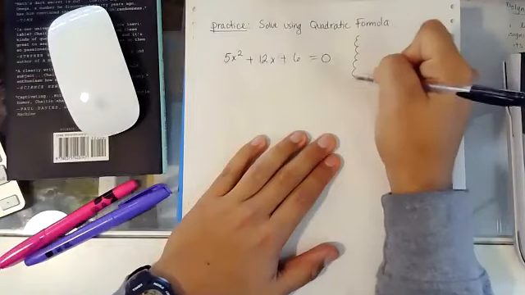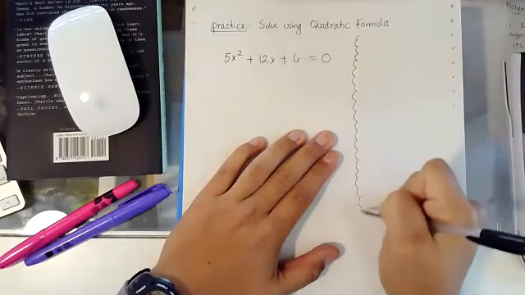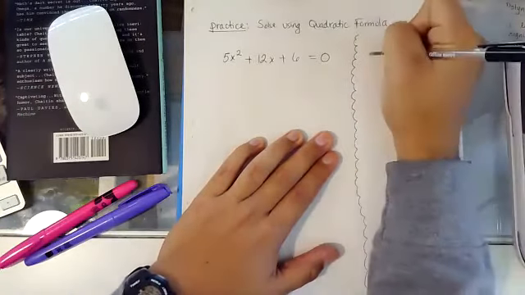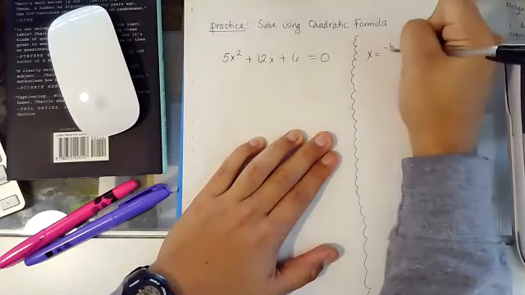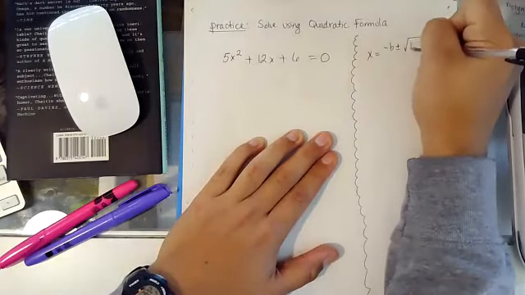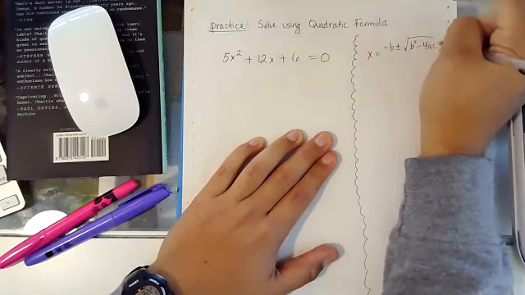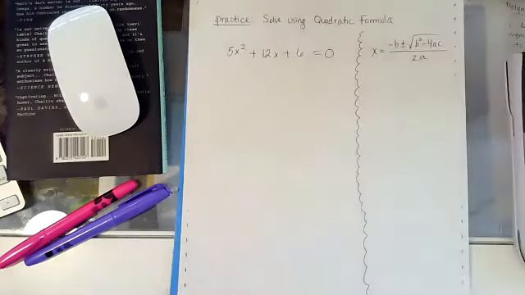And let me go ahead and write down the formula for you guys. x is equal to negative b plus or minus the square root of b squared minus 4ac, all over 2a. Okay.